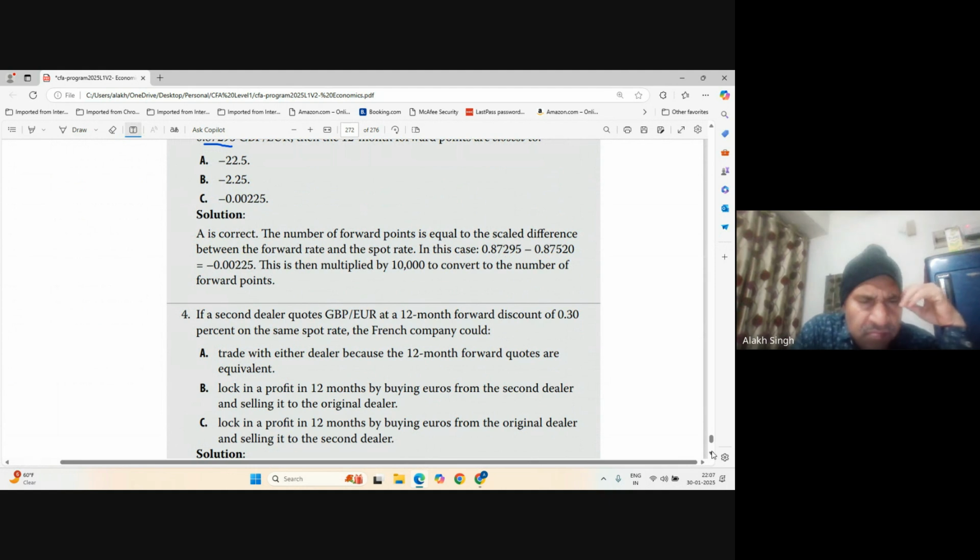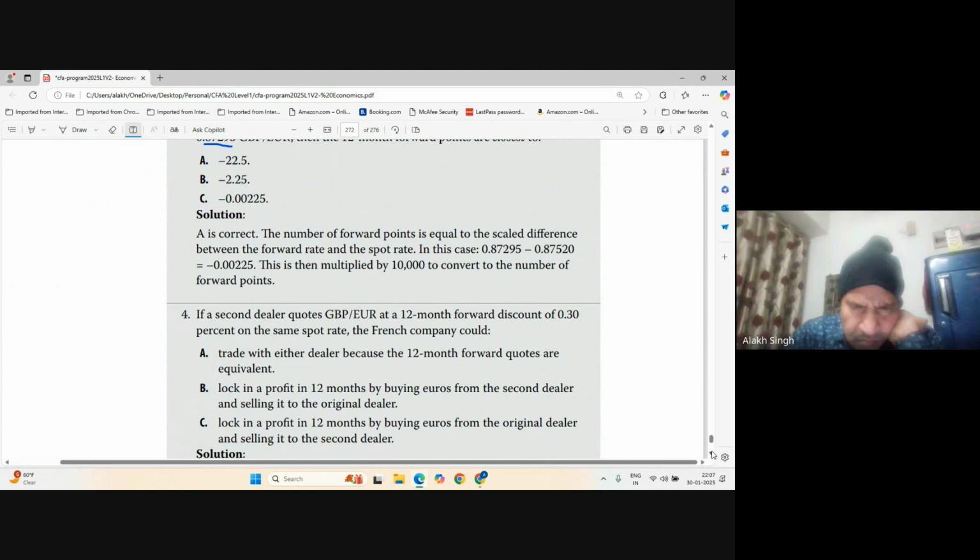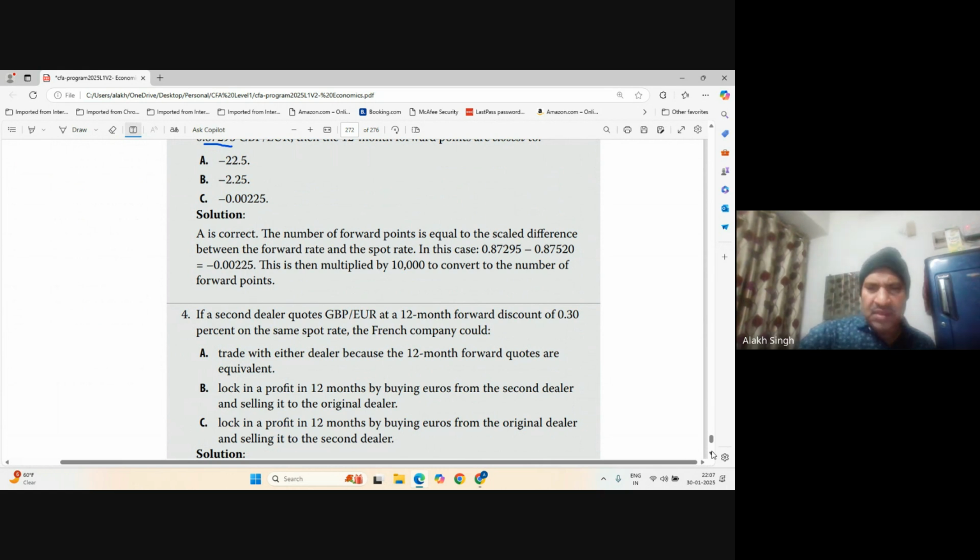Question 4. If a second dealer quotes GBP per euro at a 12-month forward discount of 0.30% on the same spot rate, the French company would... Okay, so is this 0.30%?